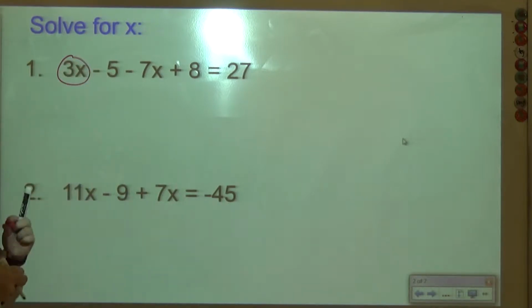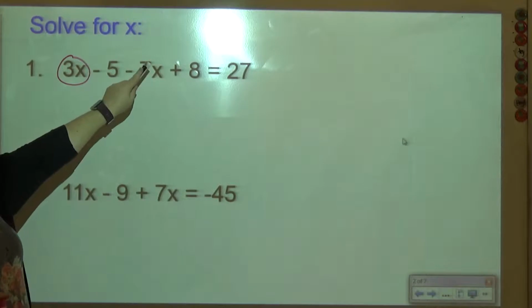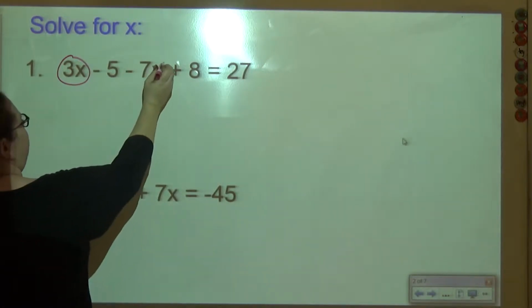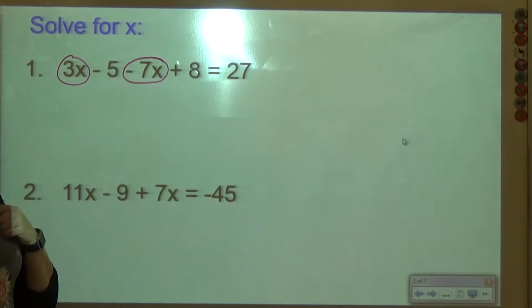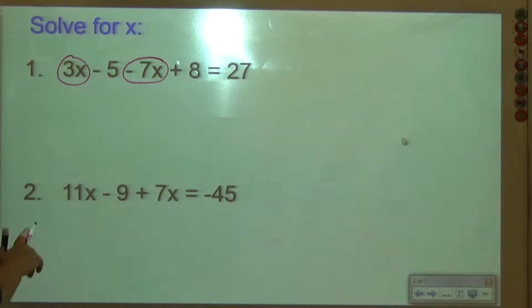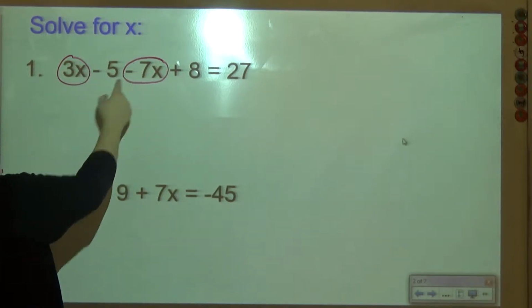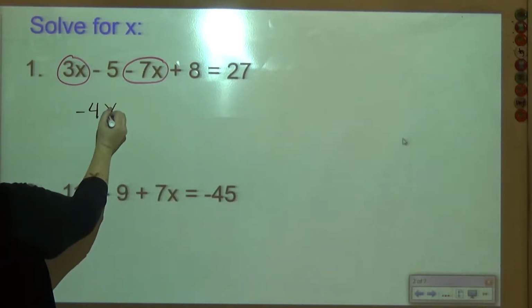Is there anything else that has just a plain x with it? Minus 7x. A lot of students will just say negative 7x, but it's actually minus 7x. Don't lose that minus sign. So 3x minus 7x is minus 4x.